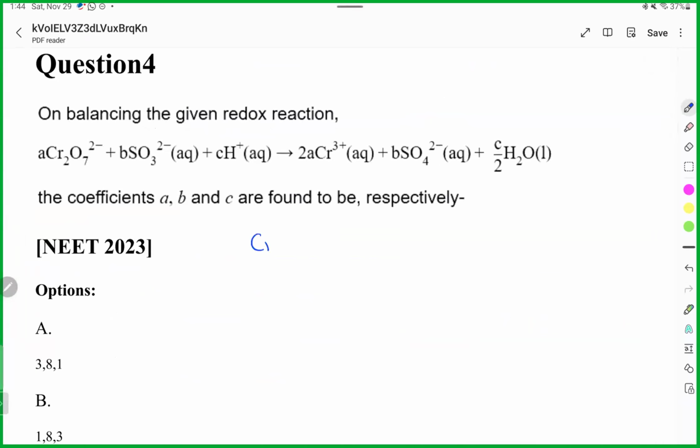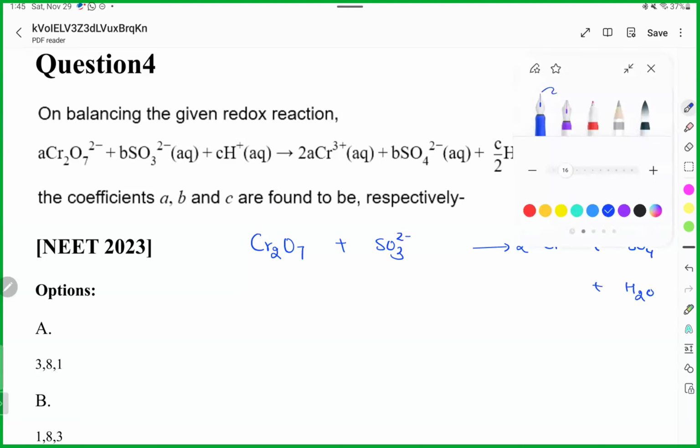First take chromium, Cr2O7, correct? It reacts with the sulfite and it forms two Cr3 positive and sulfate 2 negative and H2.